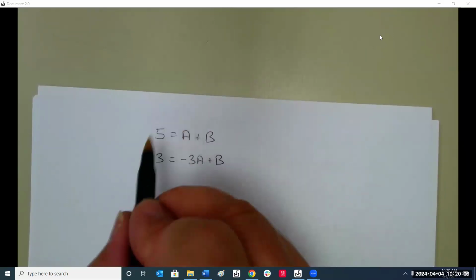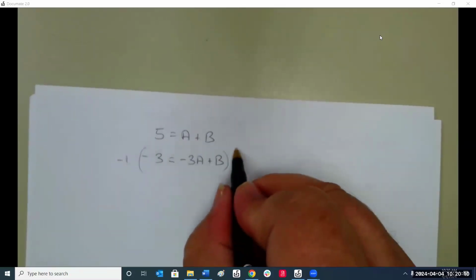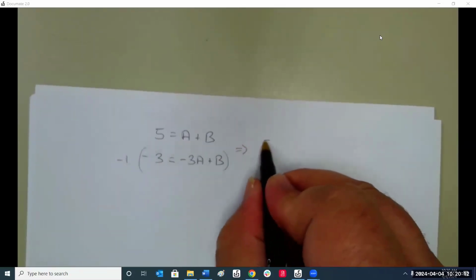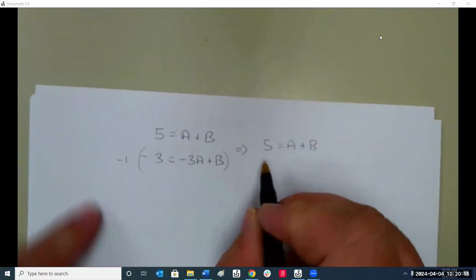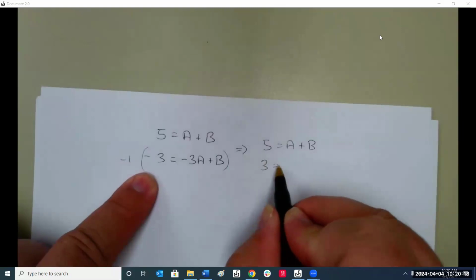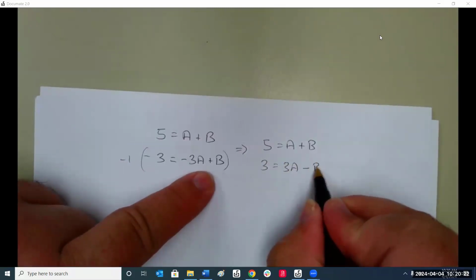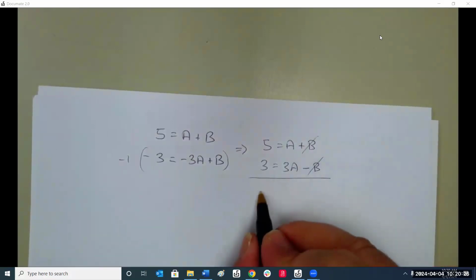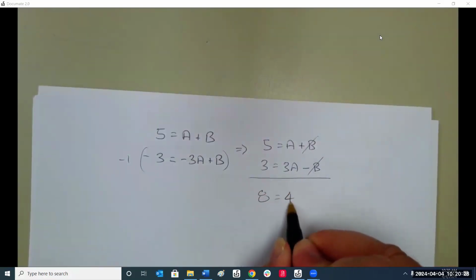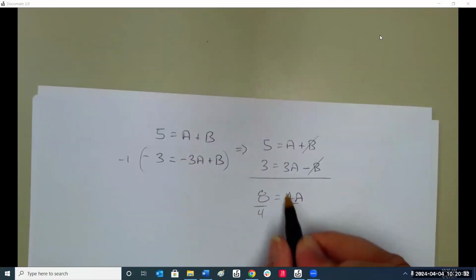We can multiply the bottom one by negative 1, so negative 1 times negative 3 is 3, 3A, negative B. So the B's cancel, and I have 8 equals 4A, divided by 4.